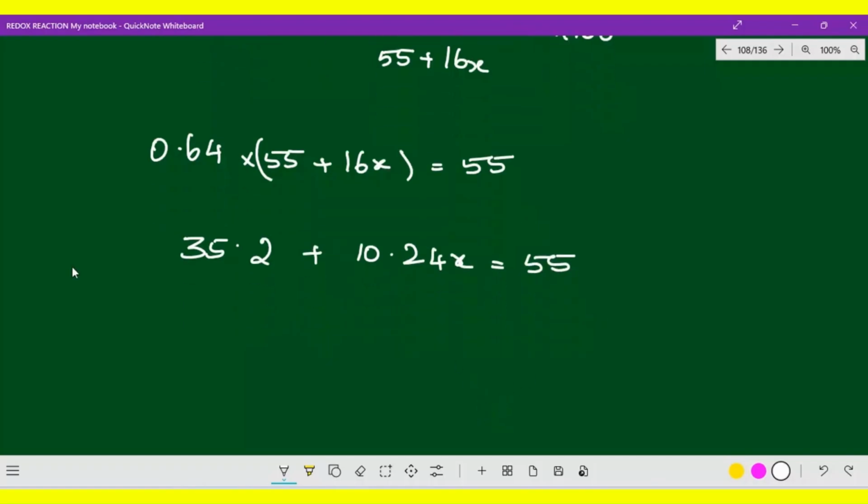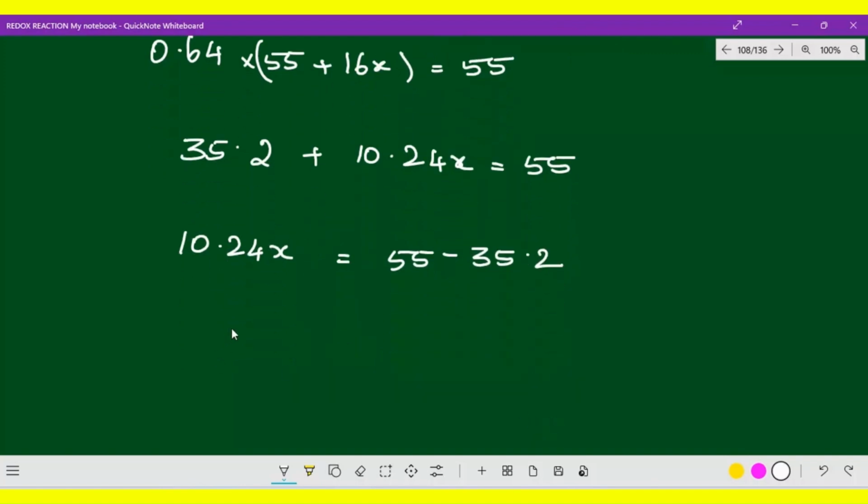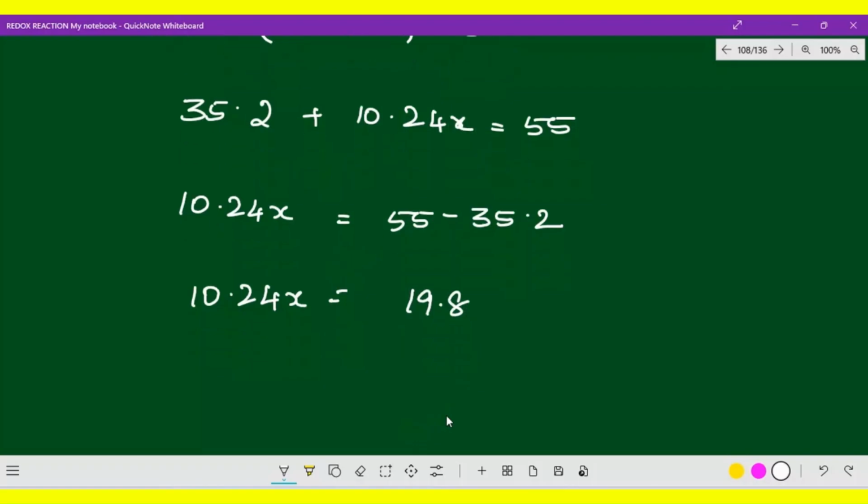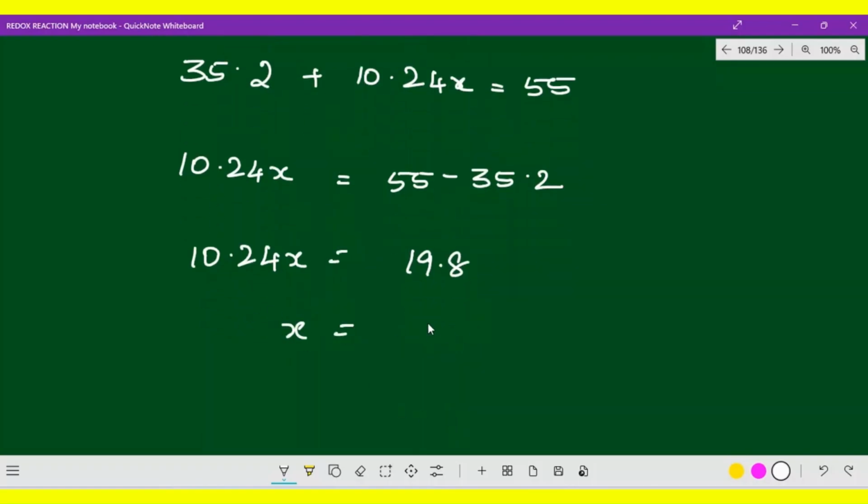Now we bring this to the other side: 10.24X equals 55 minus 35.2, so you will get 10.24X equals 19.8. So X equals 19.8 divided by 10.24, and you will get 1.933.